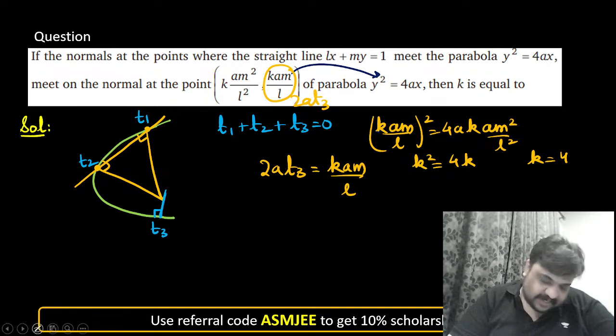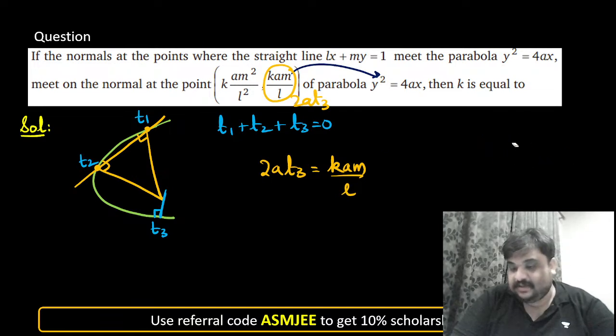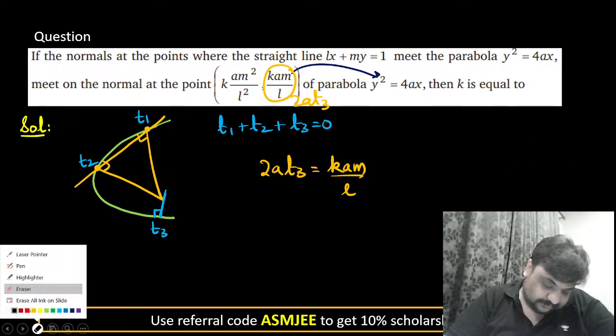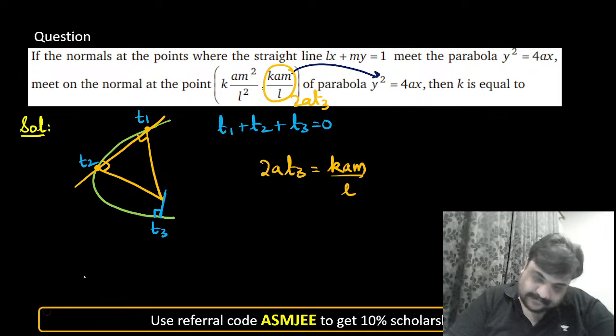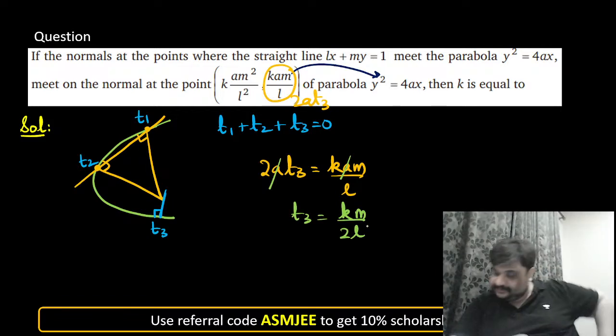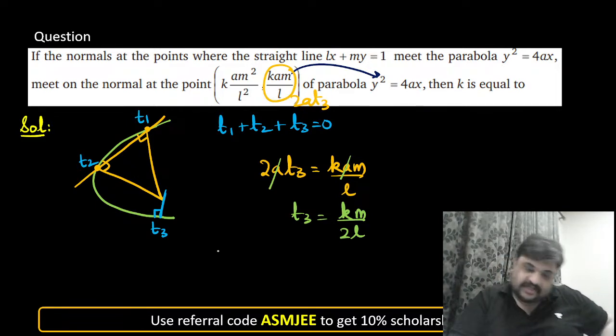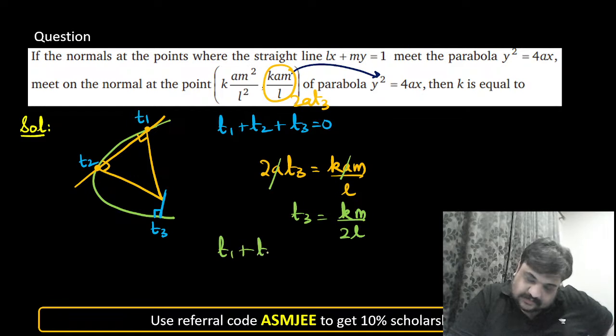Let me now solve it by the stupid approach, what he intends to make us do. So T3 is Km by 2L. So T1 plus T2 should be minus Km by 2L. Wonderful.